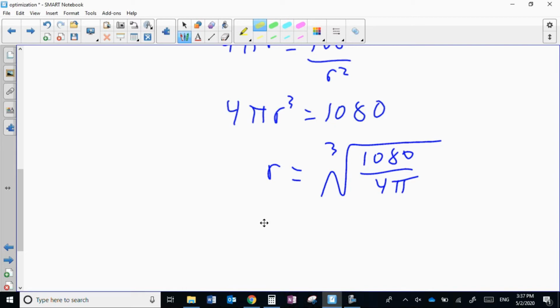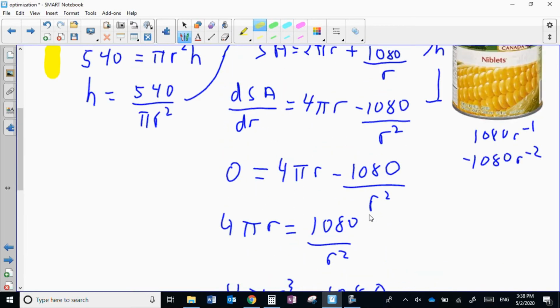So that, of course, simplifies to the cubed root of 270 over pi. If you figure that out, I believe you'll get a radius of approximately 4.41 centimeters. Now we can also solve for the height, since we know the height is 540 divided by pi r squared.